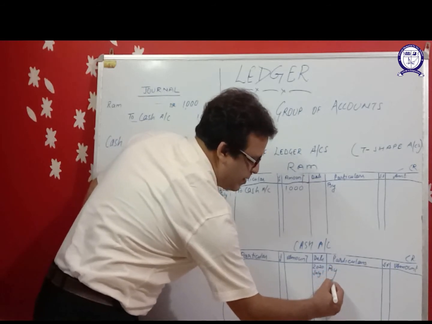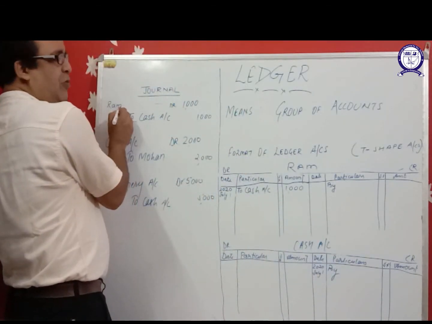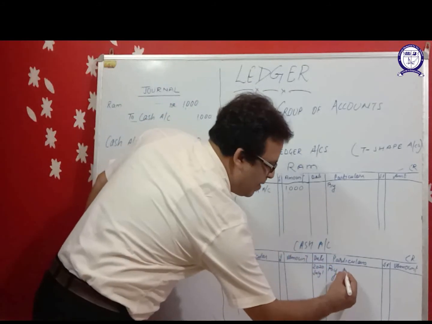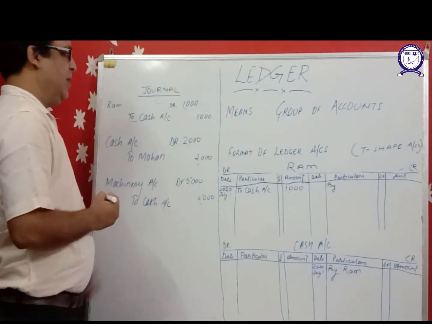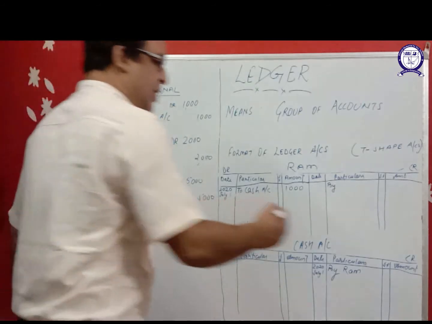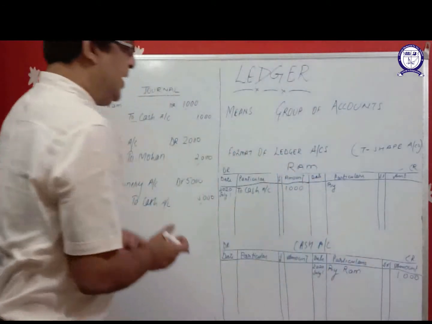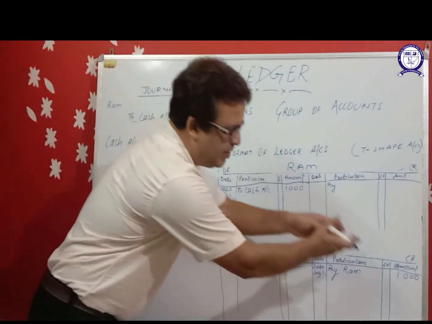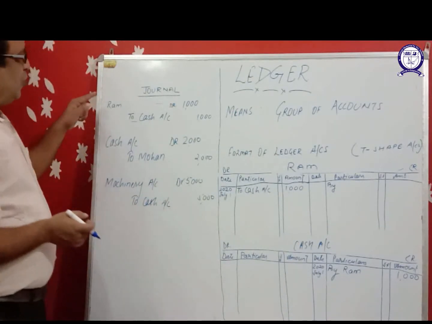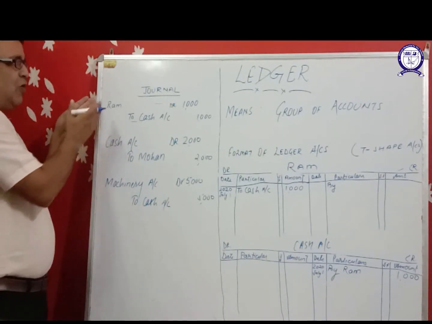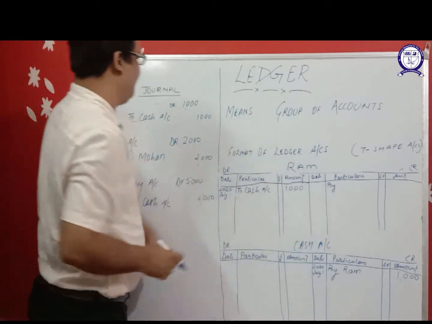By, the opposite account is Ram. By Ram. The amount is 1000. So write here 1000. Debit and credit should always be equal. So this is the point how to post with the help of journal to ledger.